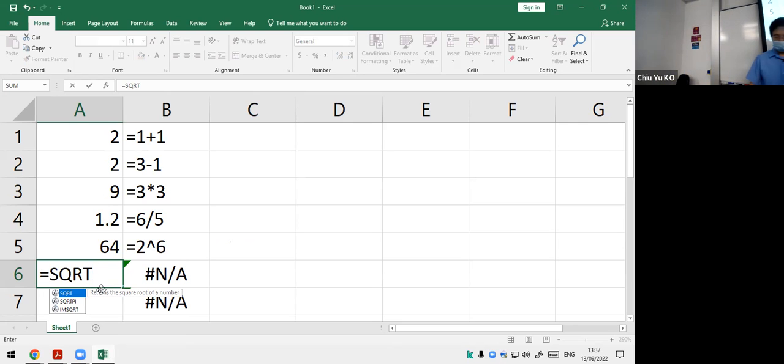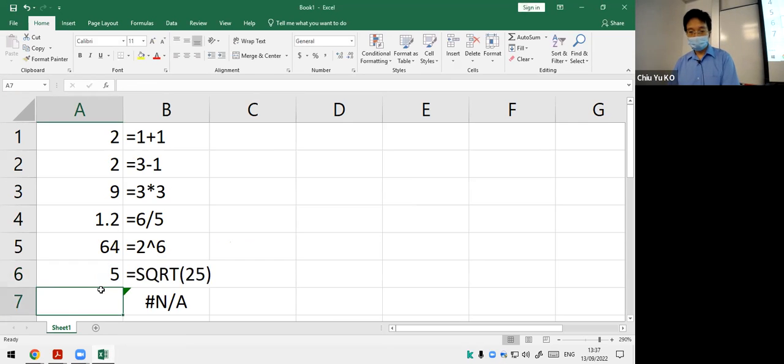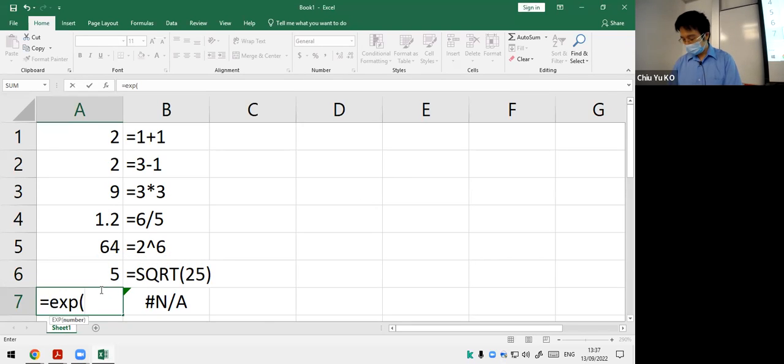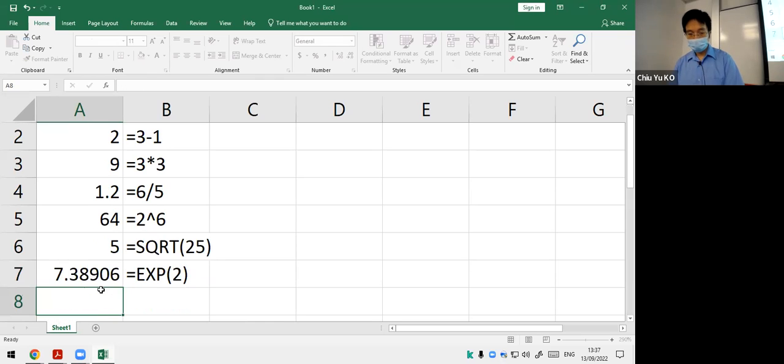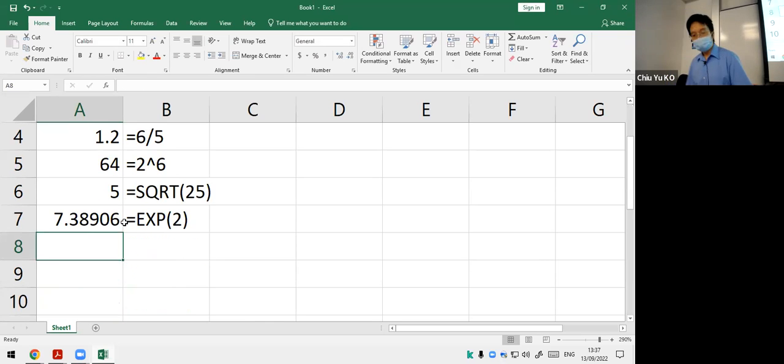The input will be enclosed by brackets. 25, then it will give you 5. And then same for exponential, EXP, raised to the power 2. It will give you this number. Now you see EXP is exponent. Exponent is natural log, which is 2.73, raised to the power 2.